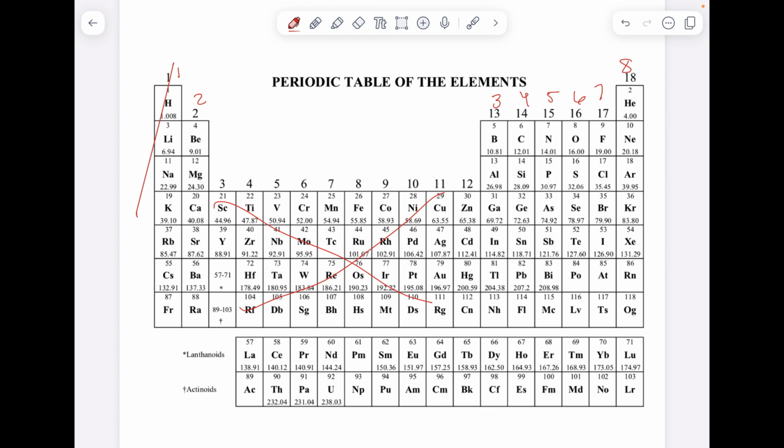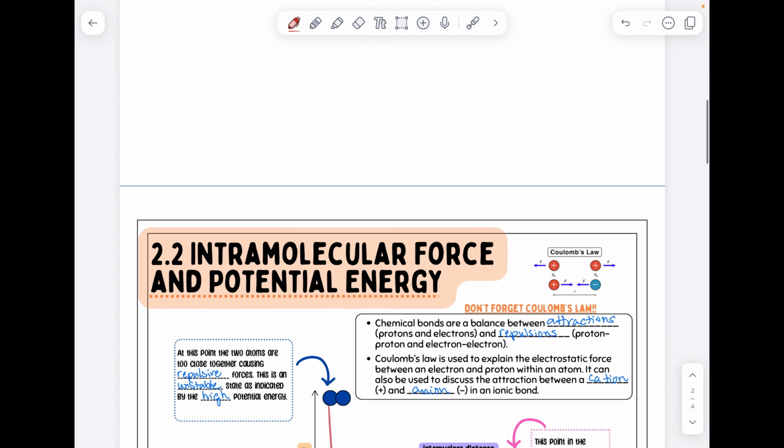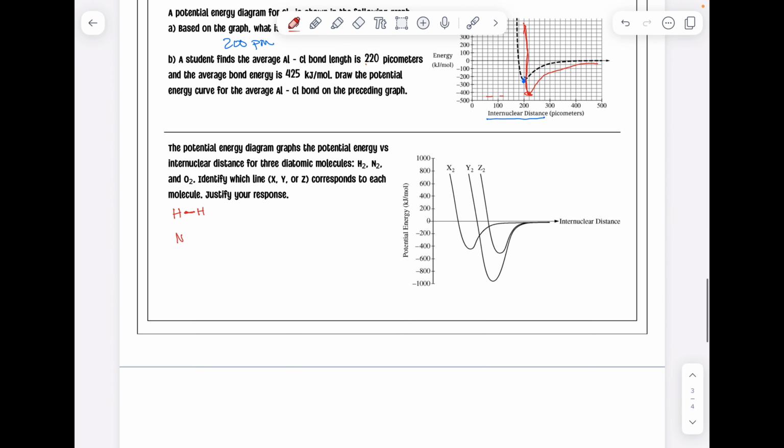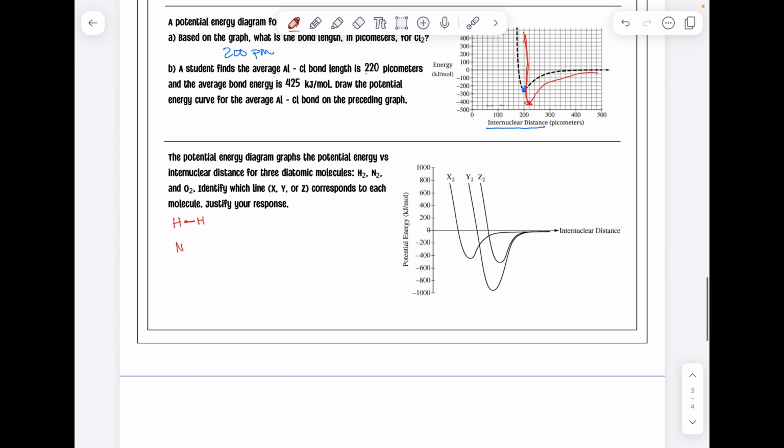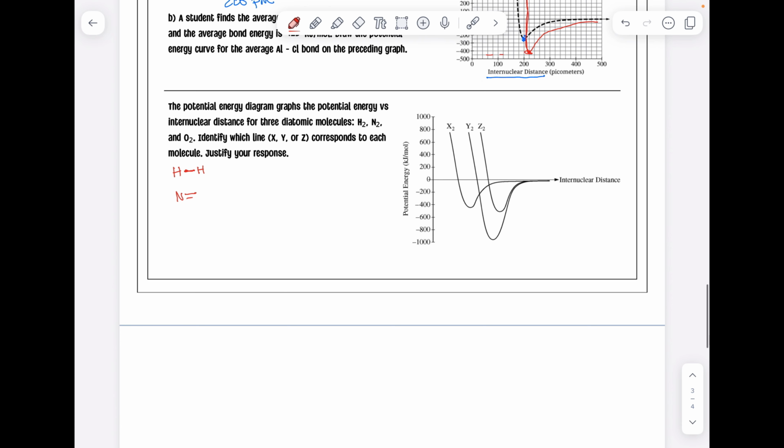So nitrogen has 5 and oxygen has 6 valence electrons. So nitrogen with its 5 valence electrons is going to form a triple bond, right? And then oxygen with its 6 valence electrons is going to form a double bond.